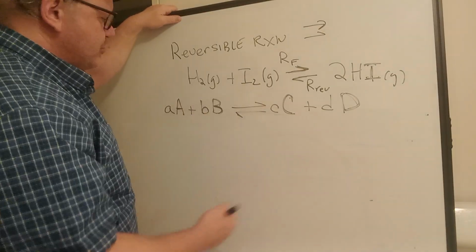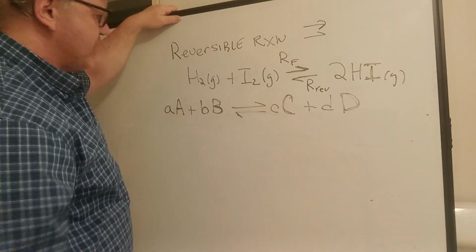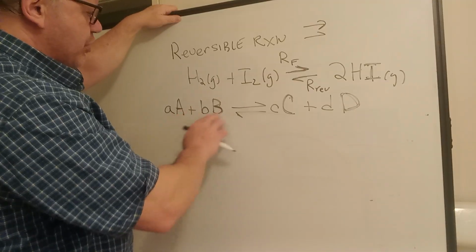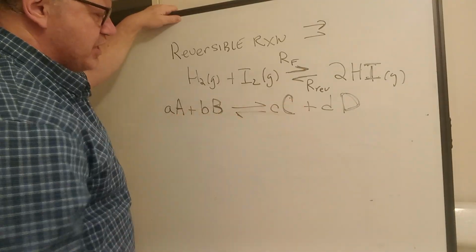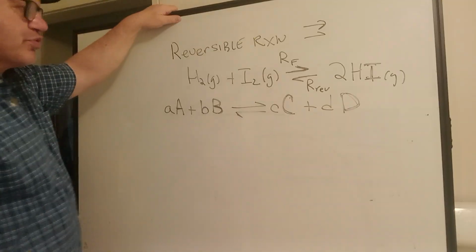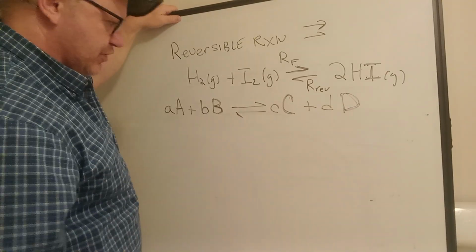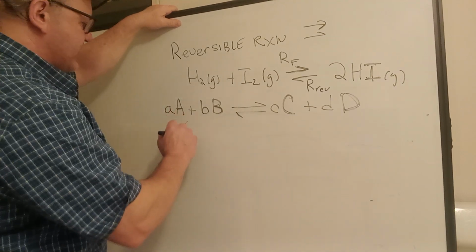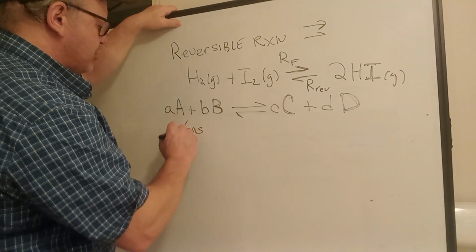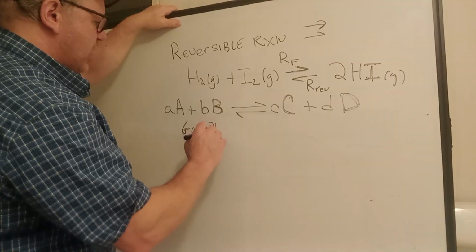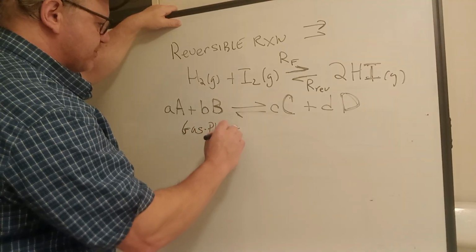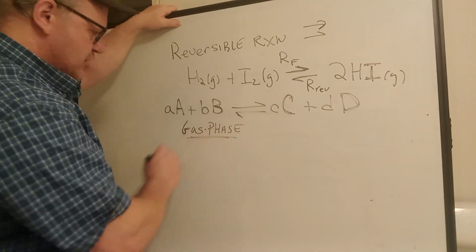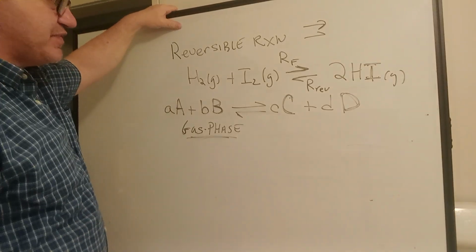Sometimes it's all one phase. We might just say they're all gas phase, but often we'll denote it with parentheses with a G for gas and so forth. So in general, let's start out with a gas phase reaction. I'm going to stick with homogeneous reactions just to keep things simple, at least at first. So let's say everything is in the gas phase.